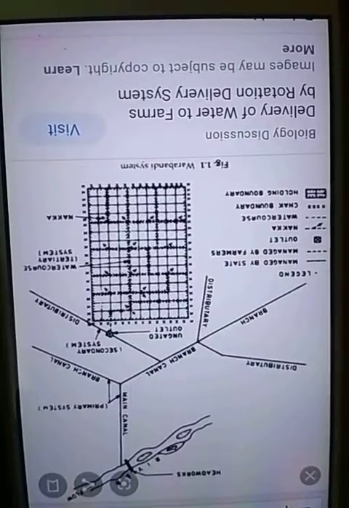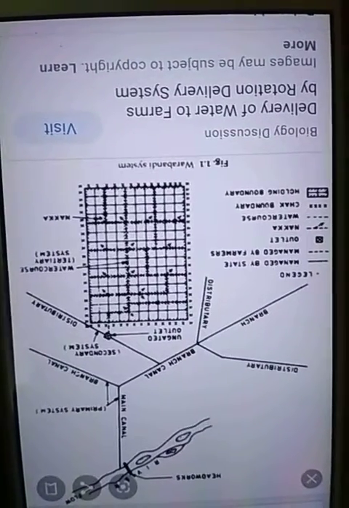In the succession of this irrigation efficiency, another step is introducing the roster system. What is the roster system? Let us try to understand this.